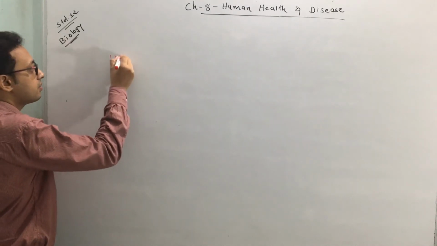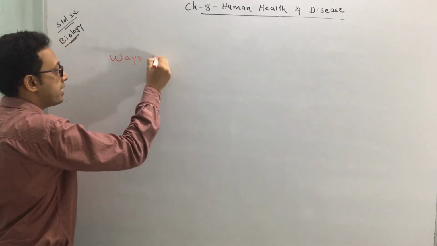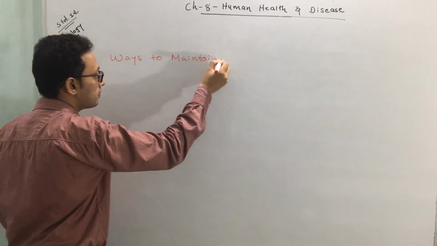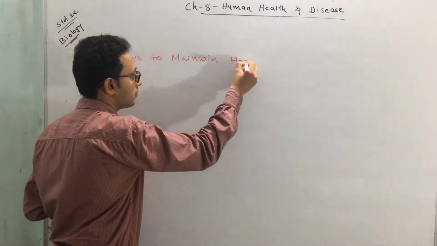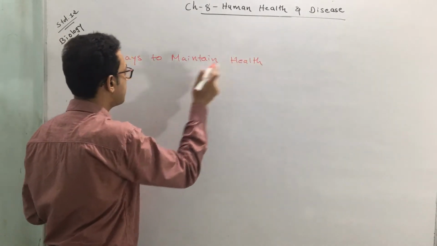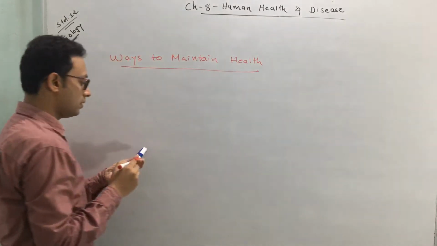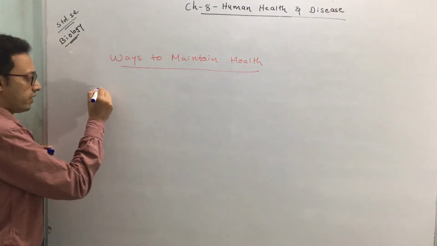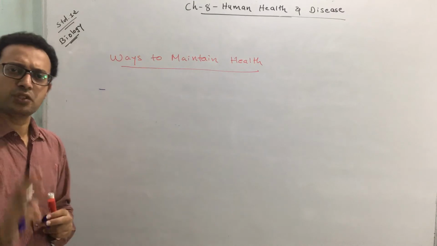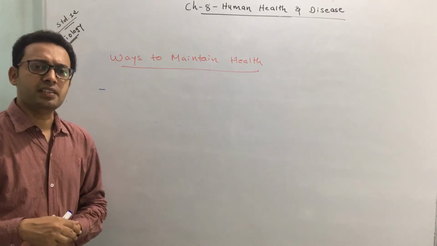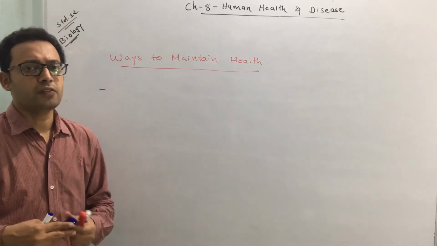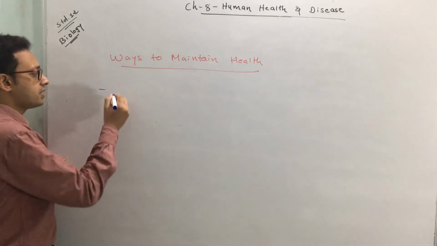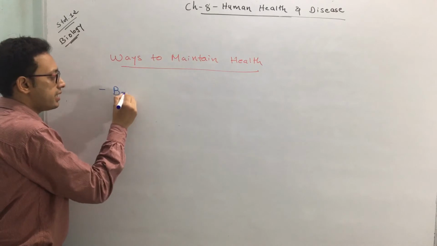Ways to maintain health. The first way, I will just tell you the basic three things. If you maintain these three things in your life, obviously your health is mostly going to be maintained in a good condition. First, balanced diet.